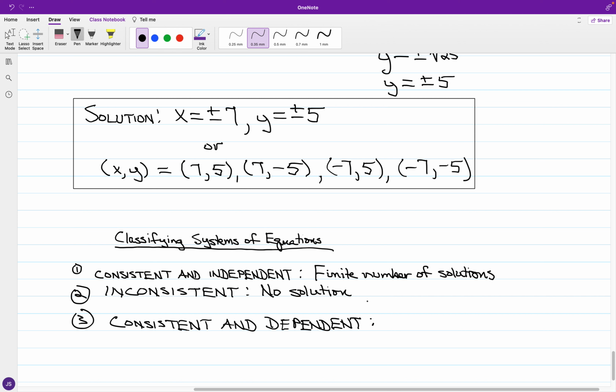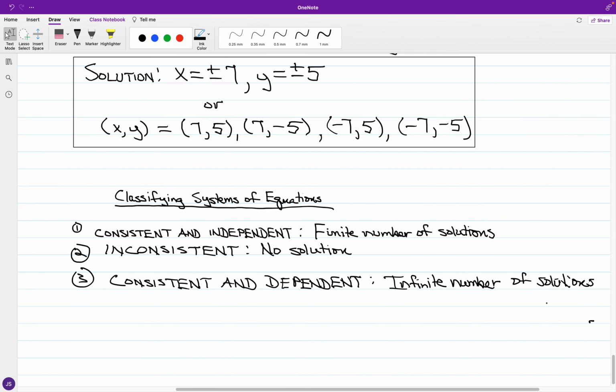We're going to have an infinite number of solutions.